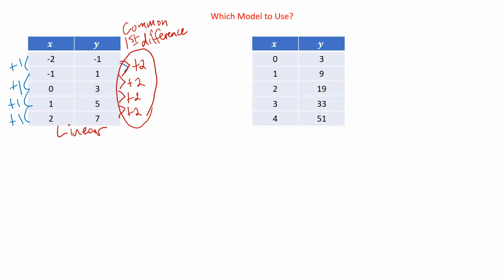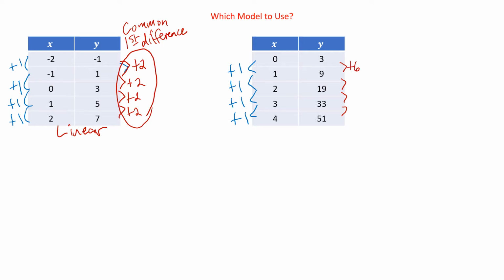All right, well, let's look at this next one. First thing to look at, these x values. Again, those are +1, +1, +1, +1. Okay, so now we can look at the y values. Let's check out those first differences again. To get from 3 to 9, that would be +6.